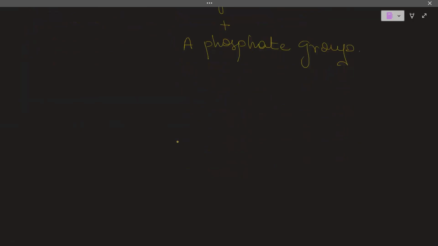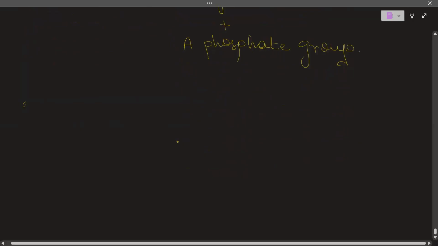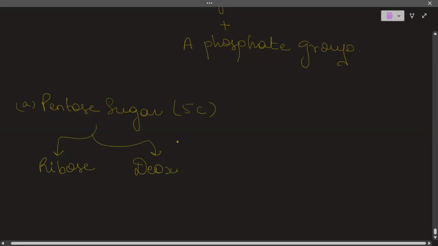Now, when we talk about the pentose sugar, the first moiety is the pentose sugar. You told me that the pentose sugar has 5 carbons. There are two types of pentose sugar: ribose sugar and deoxyribose sugar.